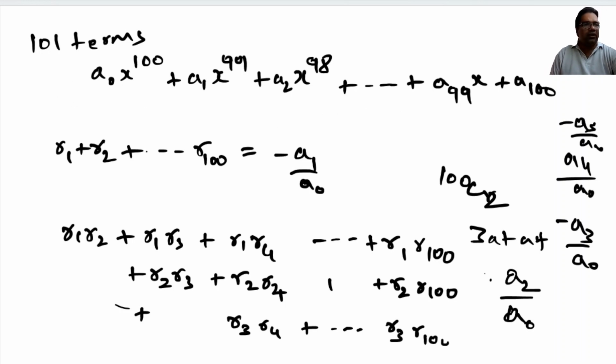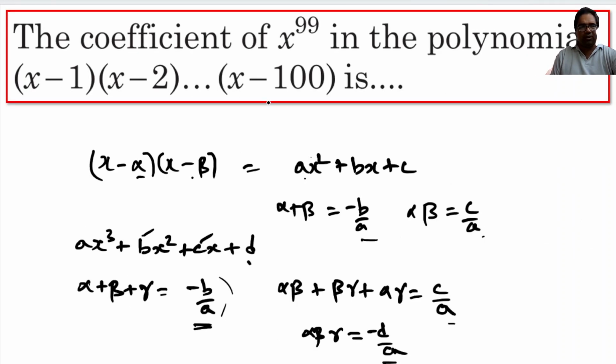Now, here in this polynomial, we know the roots. What are the roots? 1, 2, 3, 4, up to 100. That is the given question. This polynomial is already broken down into roots.